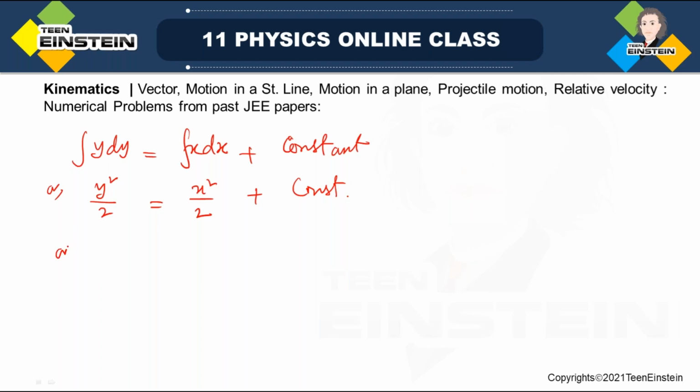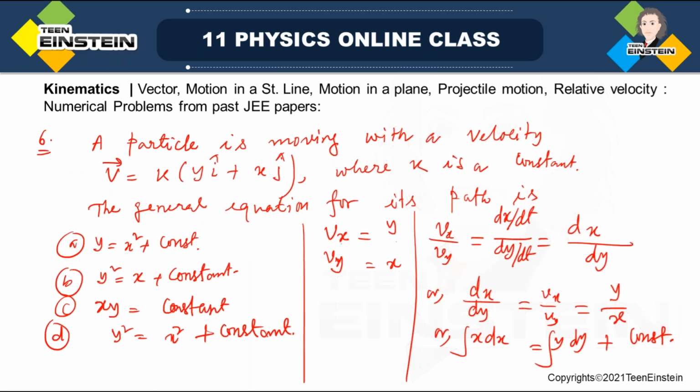Okay, so you just multiply by 2, y square is equal to x square plus constant, since multiplying the constant gives again a constant. So y square is equal to x square plus constant. This will be the correct answer. So the fourth option, option D, will be the correct answer for this question.